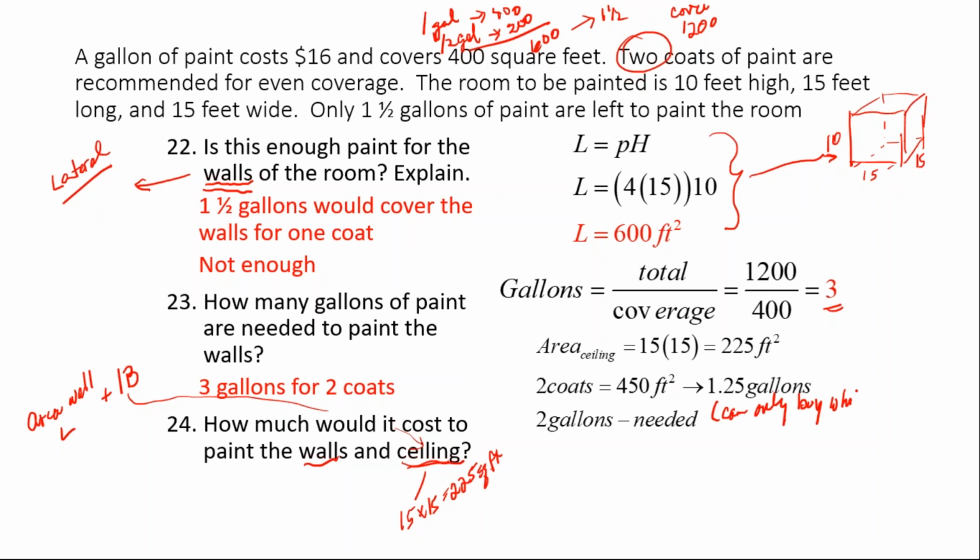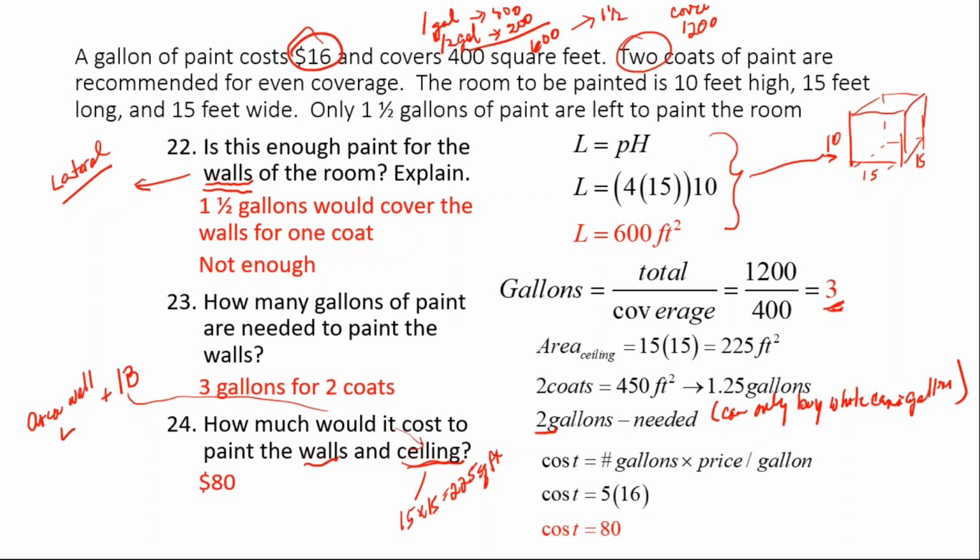That's the reason I went ahead and rounded to the 2. So I have 2 gallons here, 3 gallons here. Each gallon costs $16. So the cost would be $80.